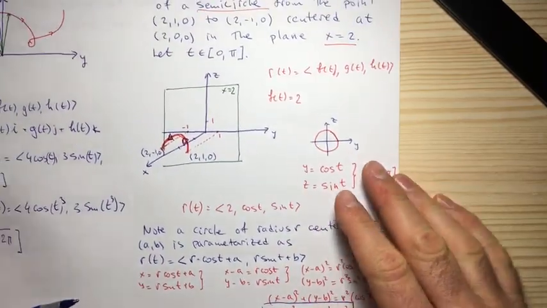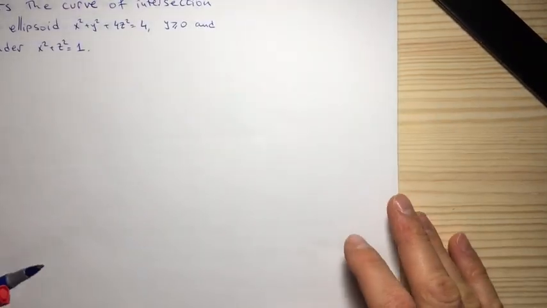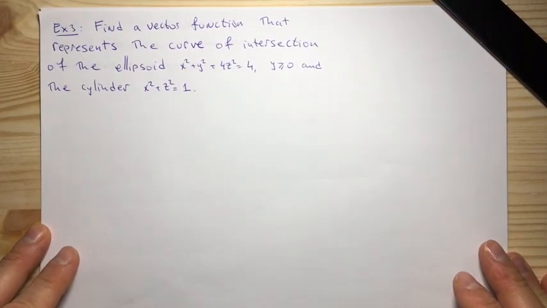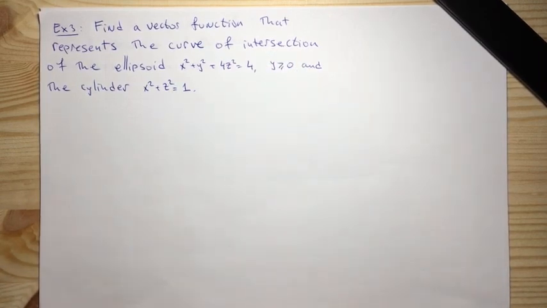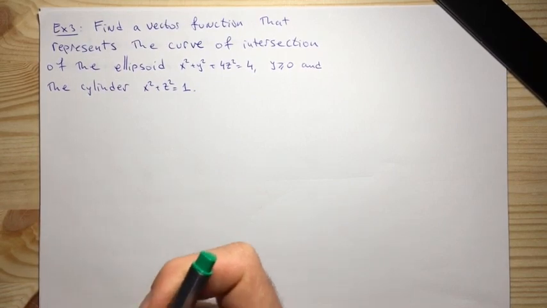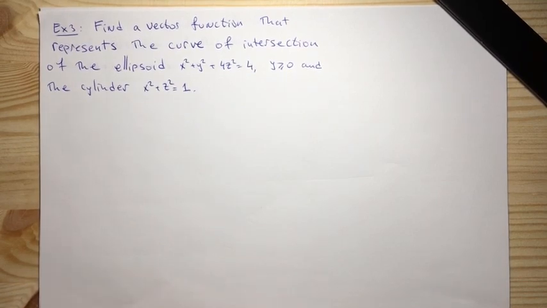The next example that we're going to do is finding a vector function that represents the curve of intersection of the ellipsoid x squared plus y squared plus 4z squared is equal to 4 and the cylinder x squared plus z squared is equal to 1.